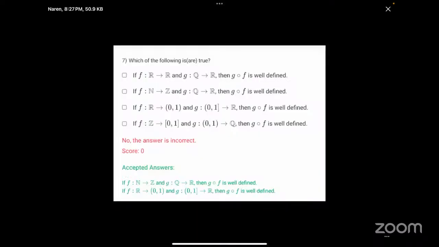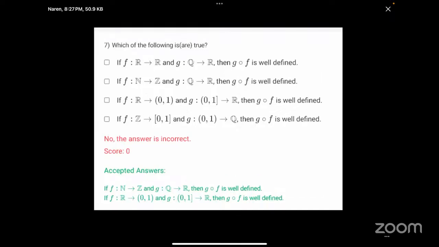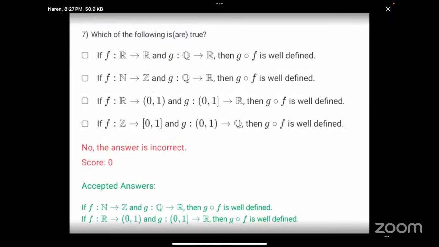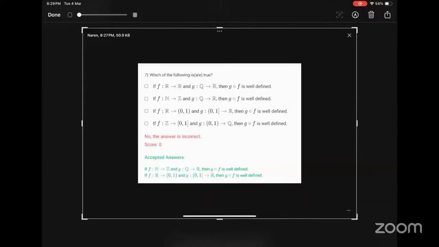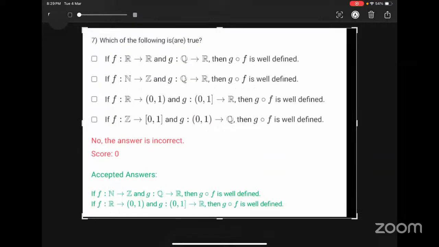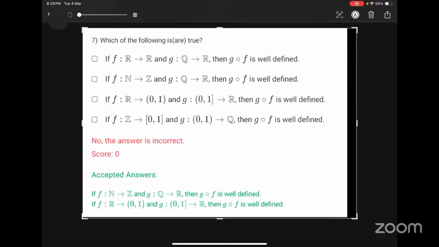Okay, so this is the question, right? Which of the following are true? We have f from R to R and g from Q to R. Then g compose f is well defined. So f is from R to R. That means the image of f can be an irrational number also, right?